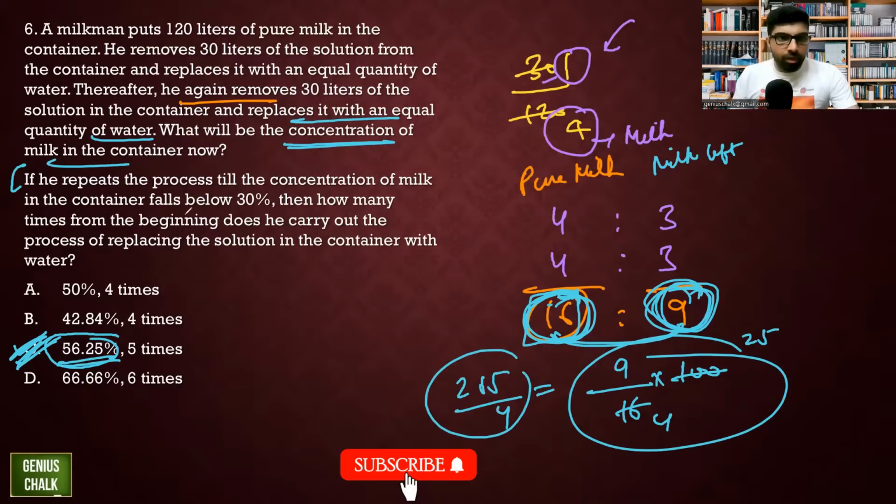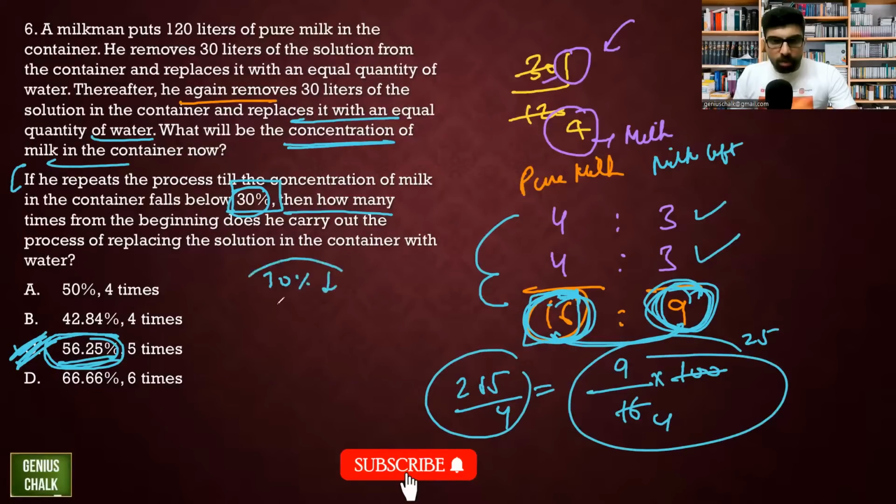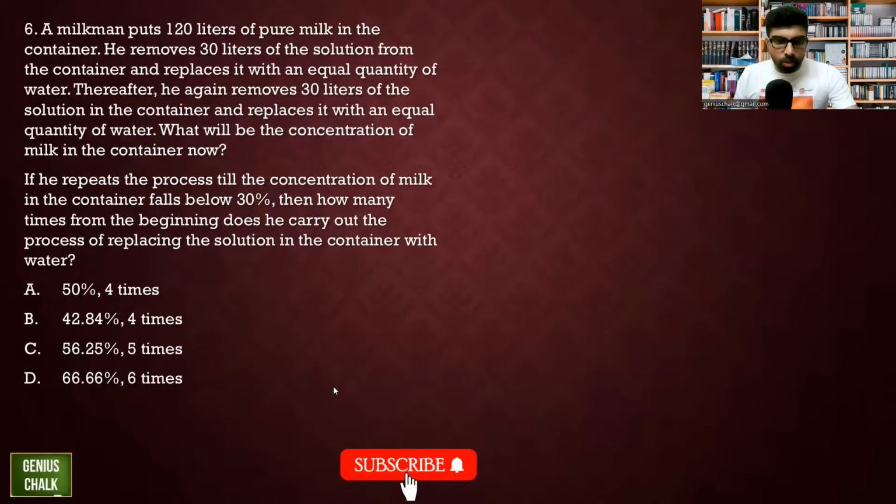It's saying, if he repeats the process till the concentration of milk in the container goes below 30%. Now you can see that after doing 2 times, the concentration of milk is 56.25. It is asking how many times we have to do this operation so that the concentration goes below 30%. Let's find. It should be like 4 is to 3.